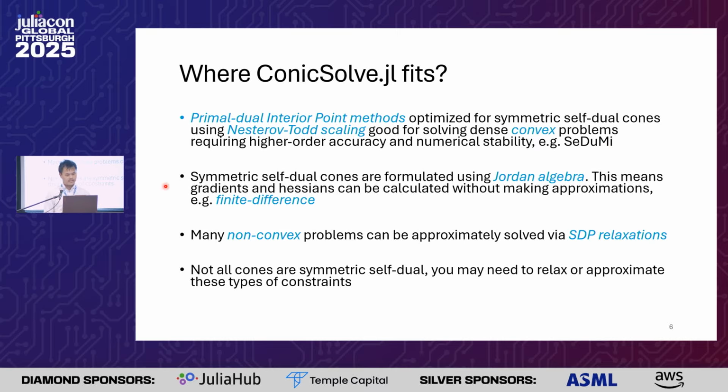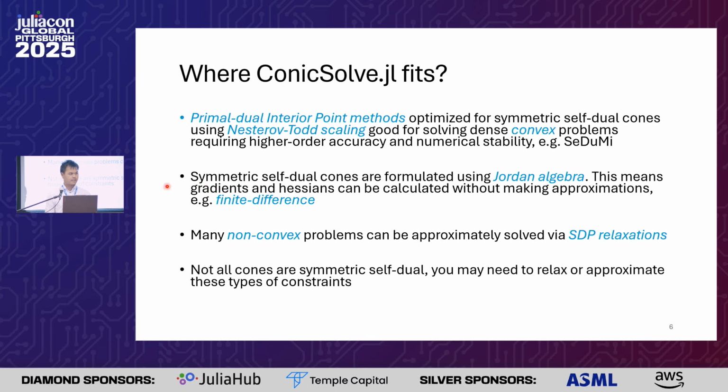So I decided, okay, I think we need something open source in the mathematical optimization community, and hence this package. The mathematics around these cones uses what's called Jordan algebra, and that allows you to construct symmetric factorizations of the gradients and Hessians.